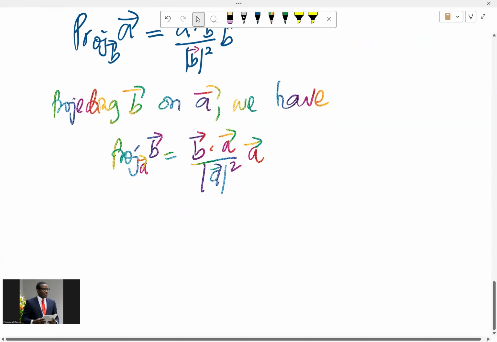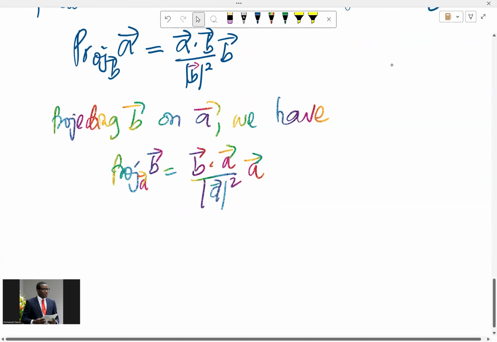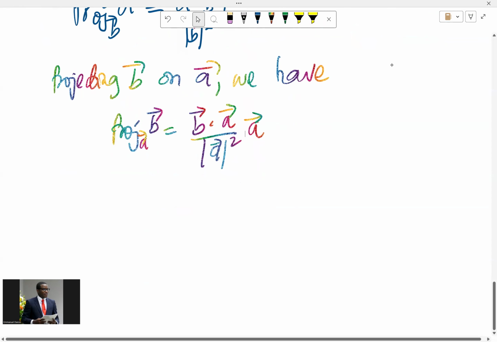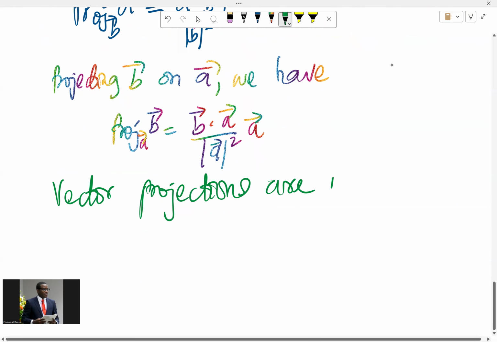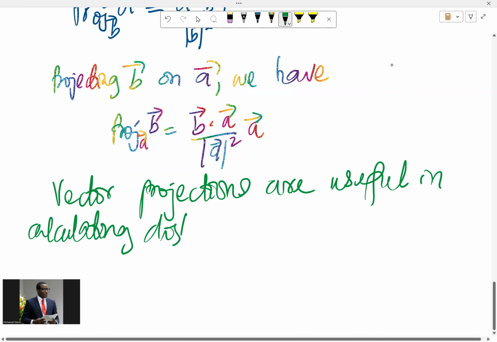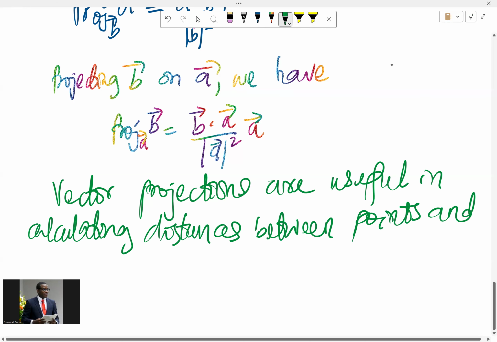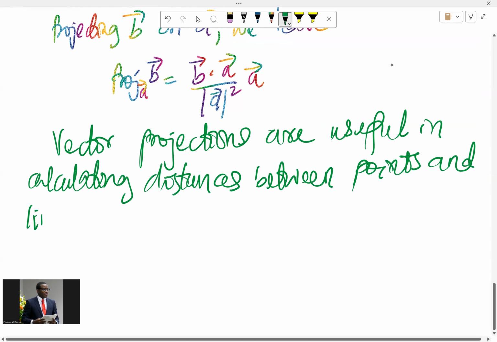And what is the application of this particular thing? The application is such that vector projections are useful in calculating distances between points and lines in geometry.